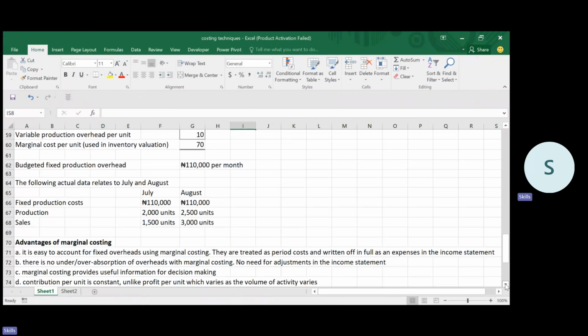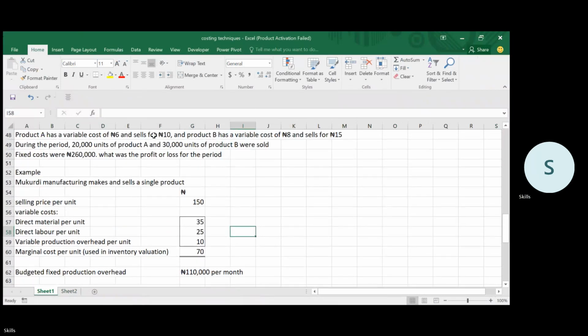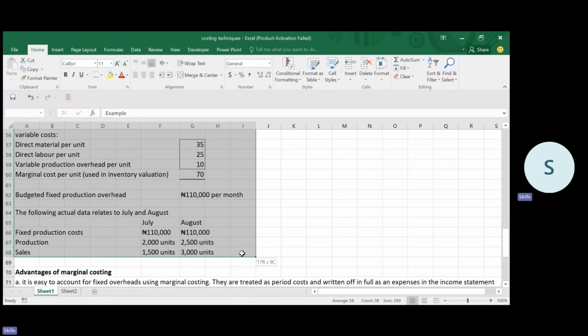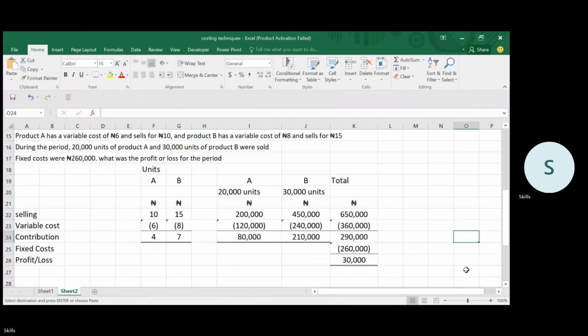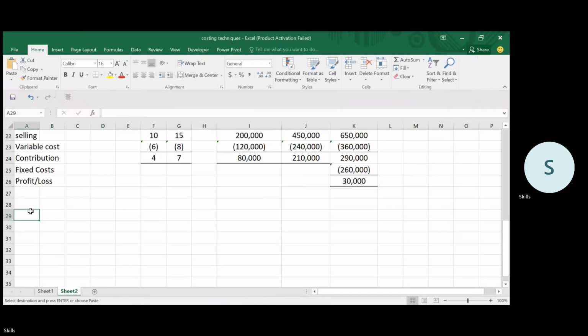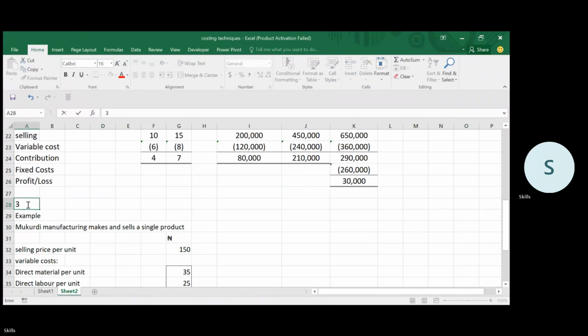So we will calculate the contribution and the profit. This is example number 3.